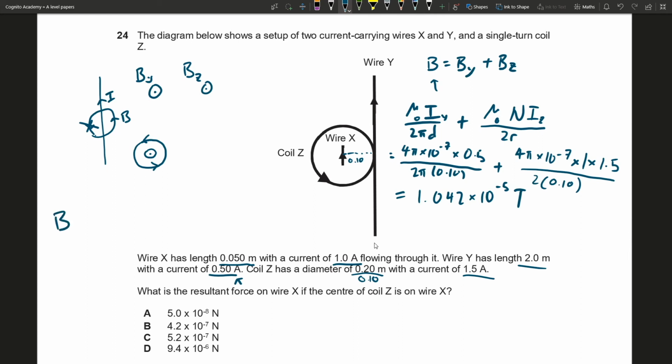So now that we got B, to find the force, we just have to get BIL.